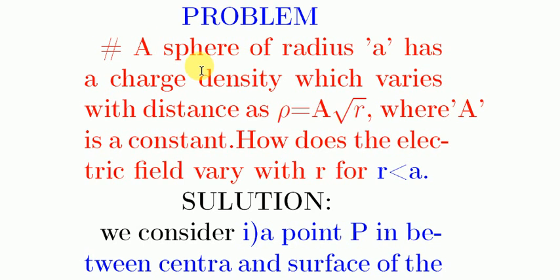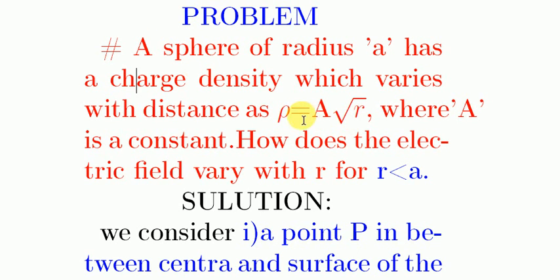Is it a hollow sphere or is it a solid sphere? The answer is, here the sphere is a solid sphere. But how can we understand that this sphere is a solid sphere?